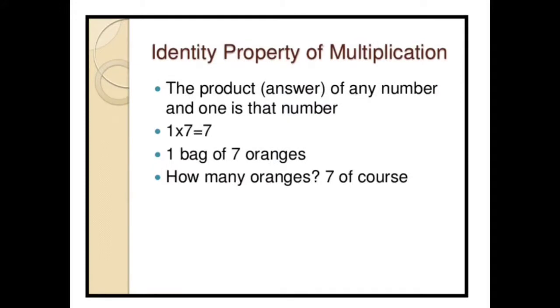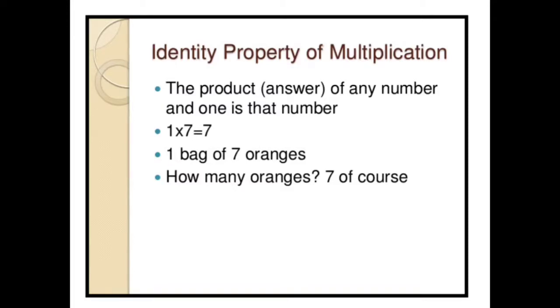Next property, identity property of multiplication. The product of any number and 1 is always the same. It means if we multiply any number with 1, the answer is itself. Or in simple words, the product of any number and 1 is the number itself.